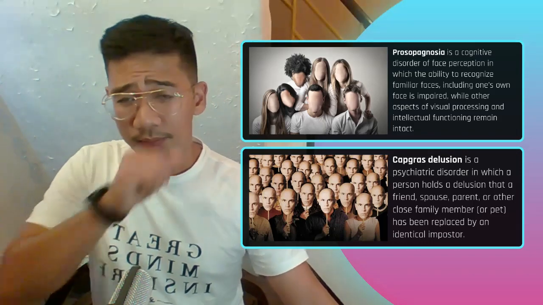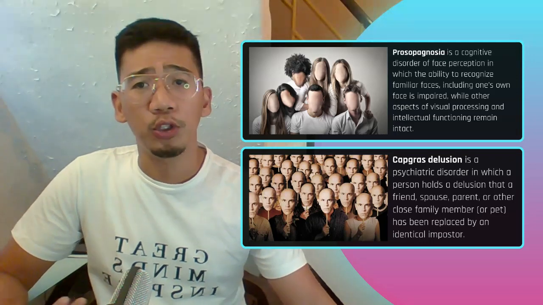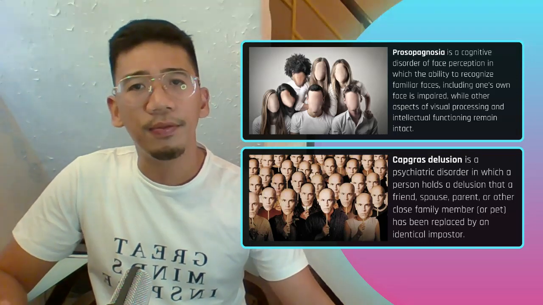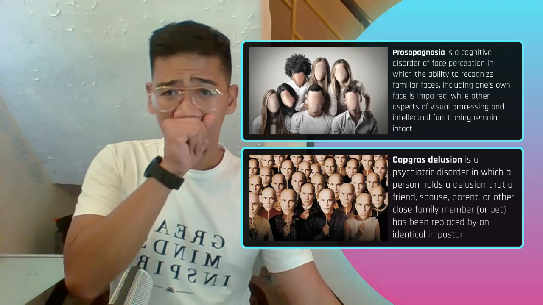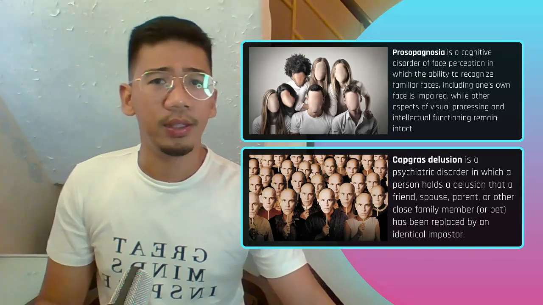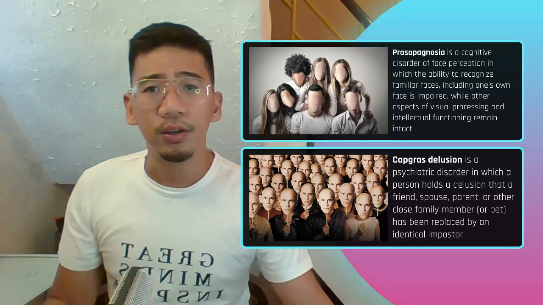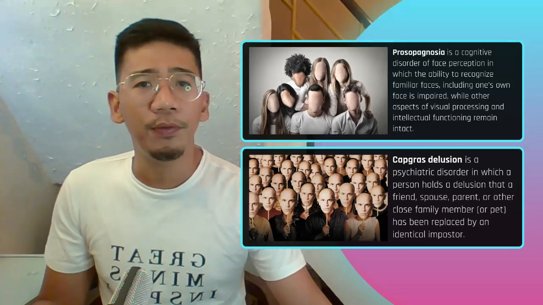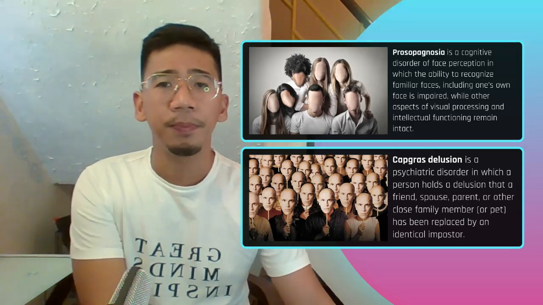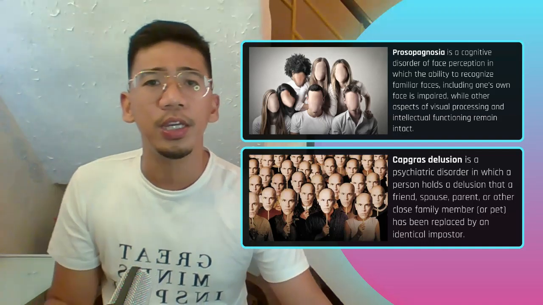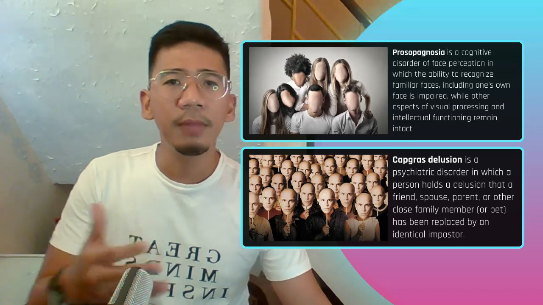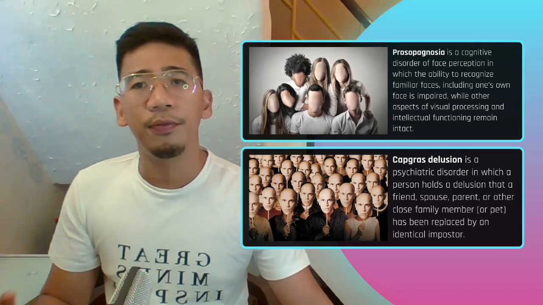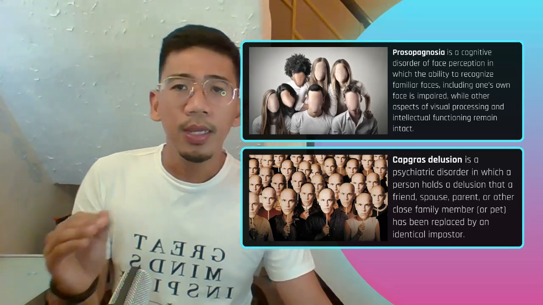People suffering from the clinical disorder prosopagnosia have an inability to recognize faces and yet can recognize all other objects perfectly fine. The condition often occurs because of a brain injury. Patients with prosopagnosia usually have damage to the occipital lobe and in particular the fusiform gyrus.